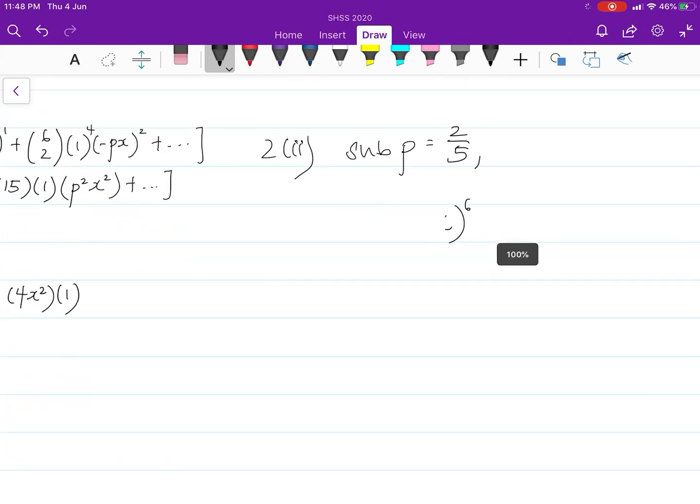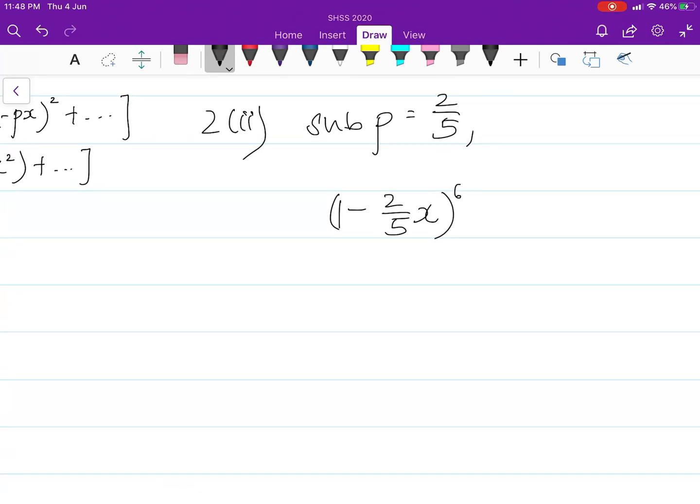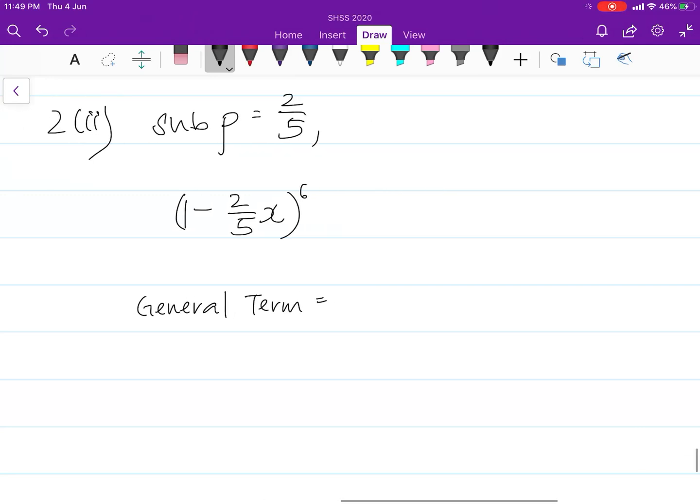I want the coefficient of x cubed. If I want the coefficient of x cubed, I must use general term. General term, which is T r plus 1. Now, general term, we all know this is 6C something. This is 1. Negative 2 over 5 x.